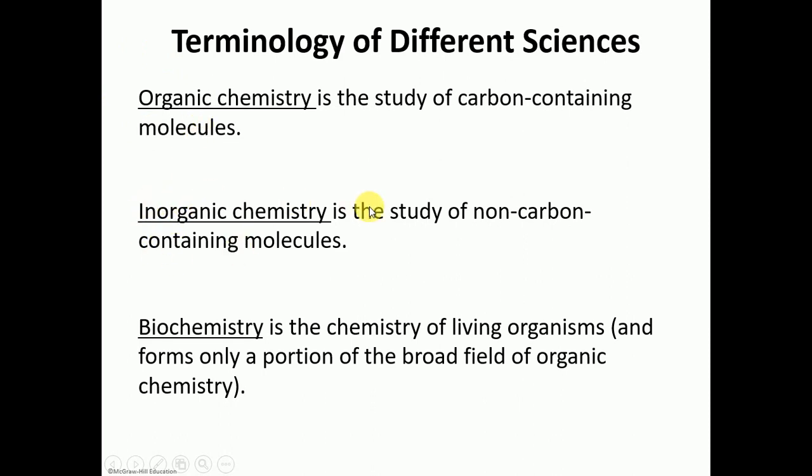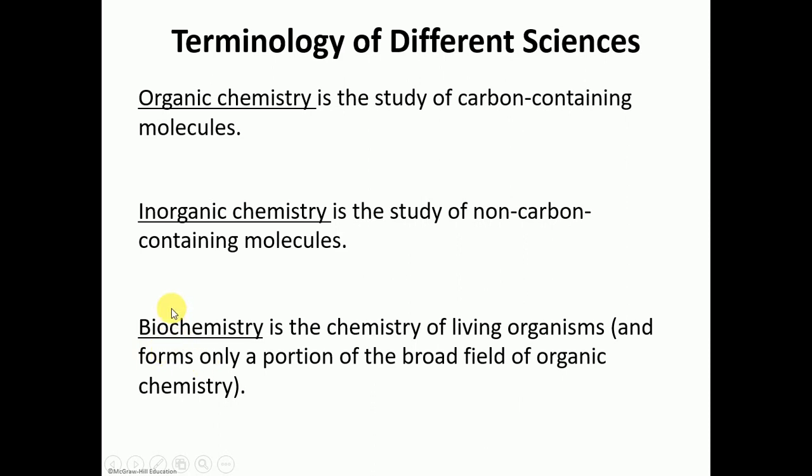Inorganic chemistry would be the study of molecules that do not have carbon. But, for example, CO2, which is carbon dioxide, has one carbon atom in there. It's still considered inorganic chemistry because you want to have lots of carbon in order to be considered organic.